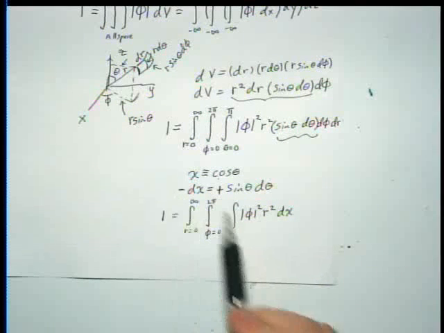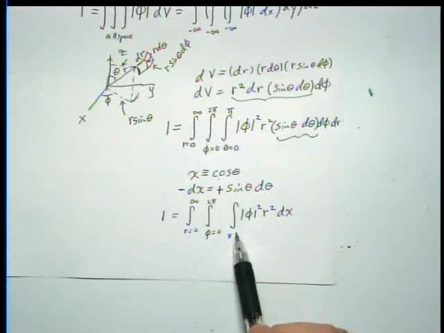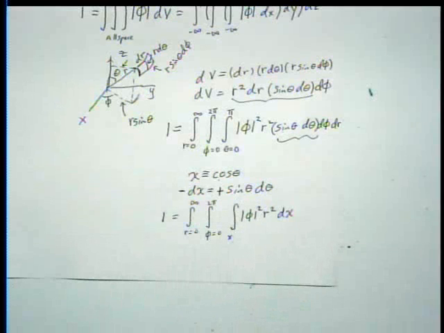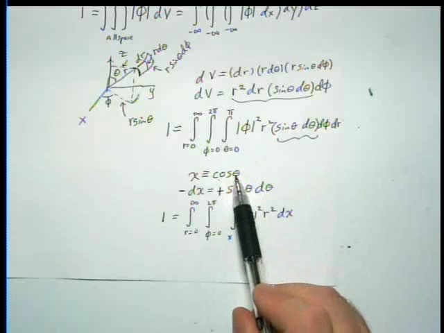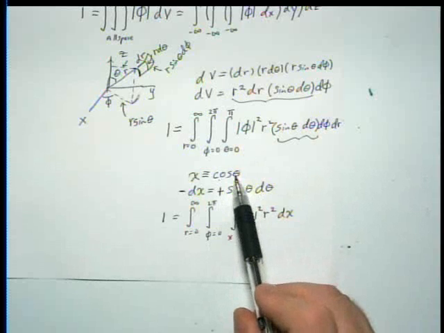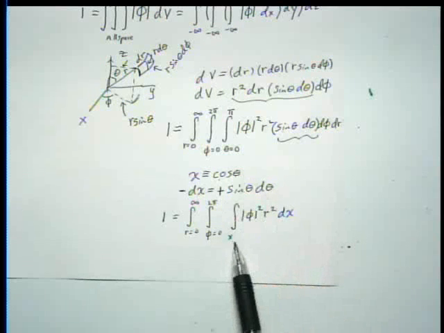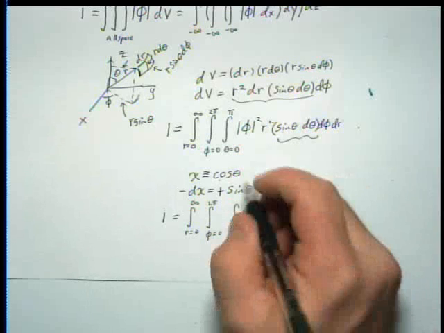Now what can you do to these limits here if you have a minus sign? You get rid of the minus sign. Flip them. So if you put in 0 for theta, cosine of 0 is 1, and so the 1 would be down here, but I'm going to use the minus to flip it. So I'm going to put the 1 up here.